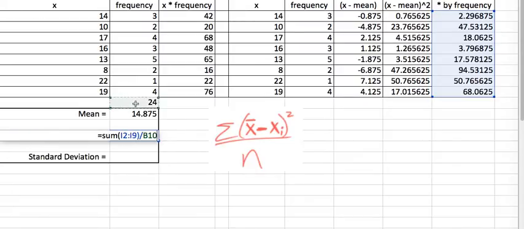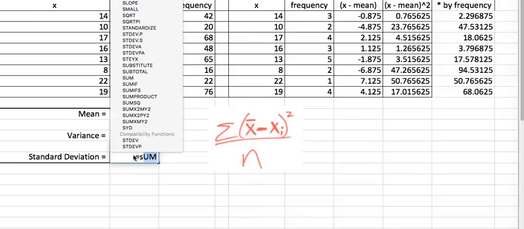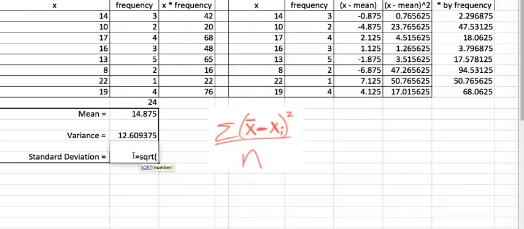That's going to give me my variance for this data with the frequencies here. Okay, so there's my variance. Again, I'm going to square root that, and that'll give me my standard deviation of 3.55.